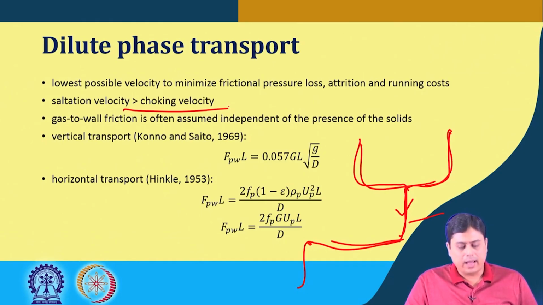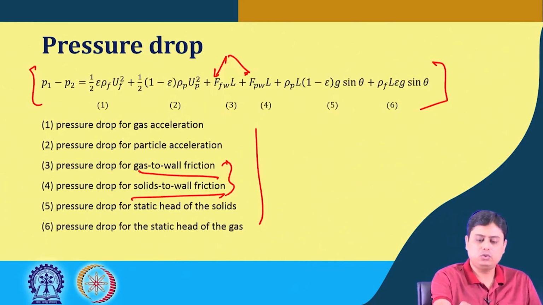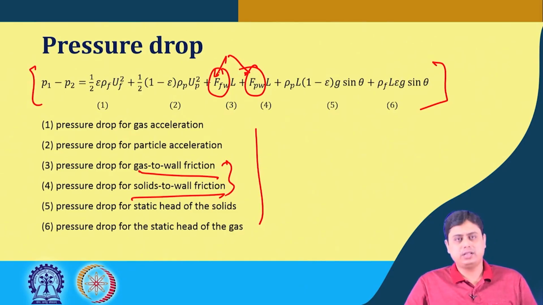Now, in case of dilute phase transport, this gas to wall friction is often assumed to be independent of the presence of the solids, because while analyzing these two parameters, the consideration has to be made whether this gas wall friction is dependent on the presence of the solid particles or not.